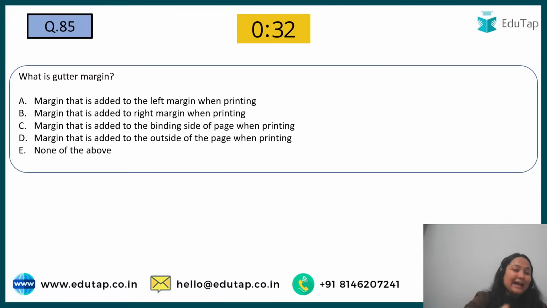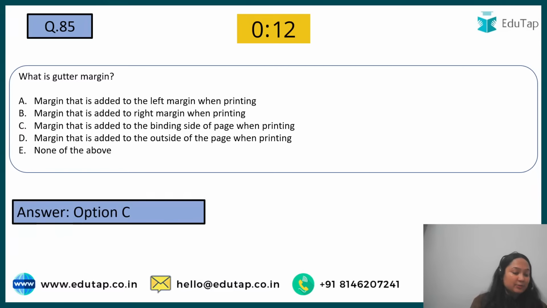This is the style of framing the question in NABARD. Here you will have to provide me with the correct answer. Most students are going with option number C. That is absolutely correct. Option C will be the correct answer. Extra space on the binding side is the gutter margin.